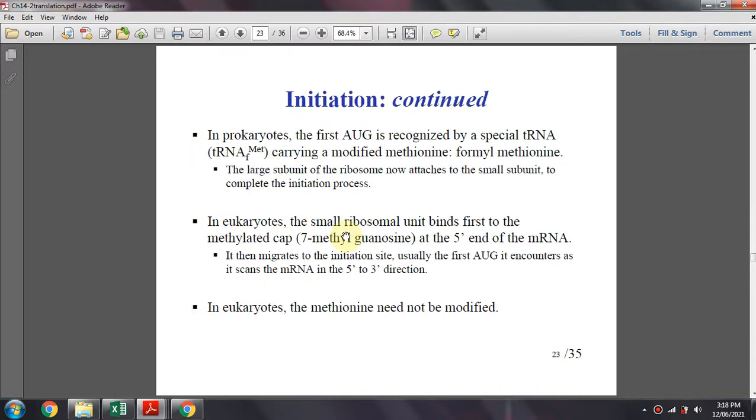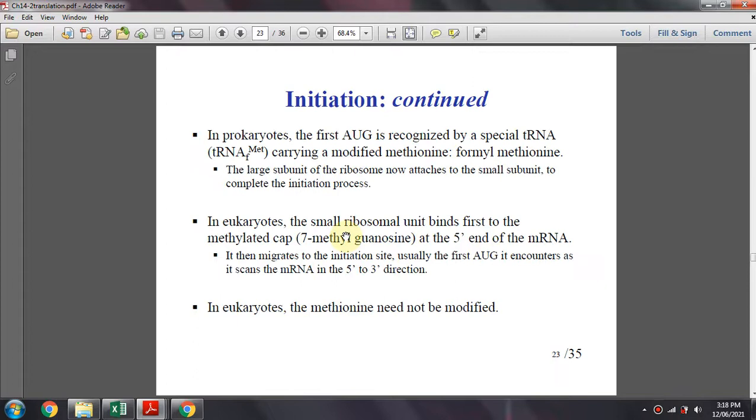In prokaryotes, AUG is recognized by special tRNA known as initiator tRNA charged with methionine. This methionine is formylated. Formyl group is added to the methionine, and then this formyl methionine is attached to the specific tRNA, based on its anticodon. Okay, this tRNA is known as F-MET tRNA.